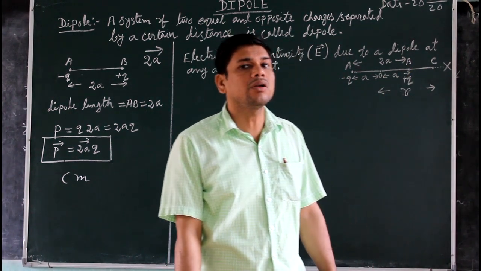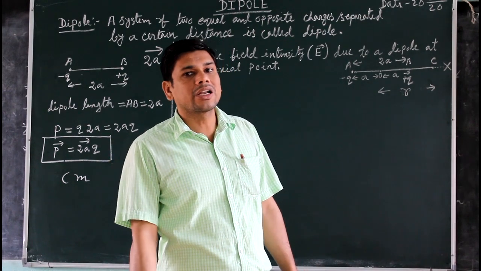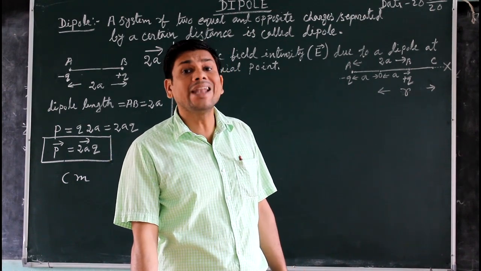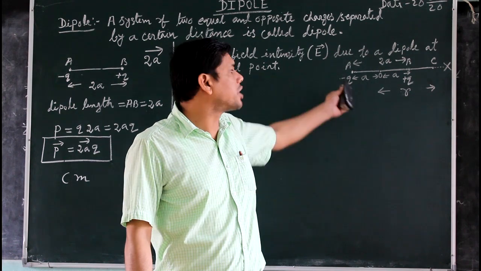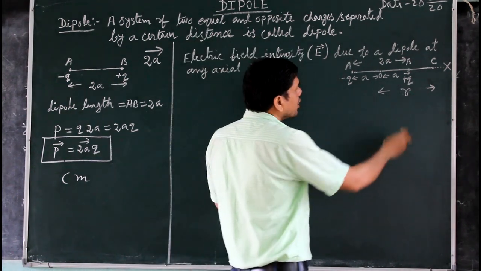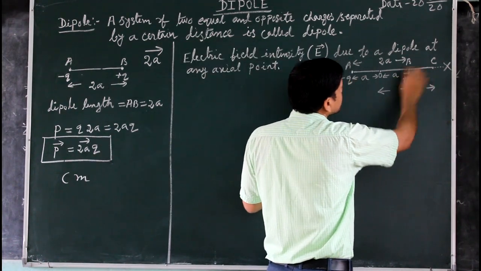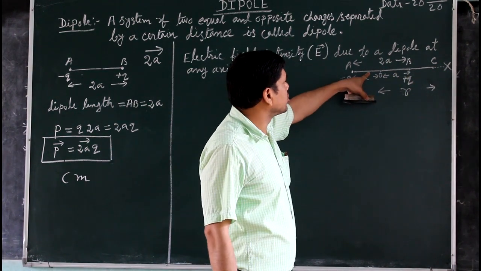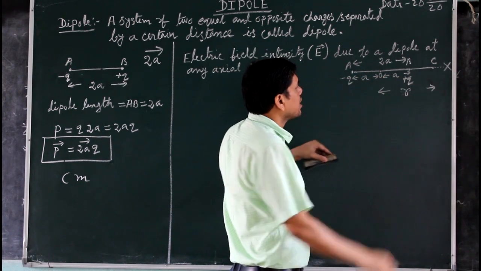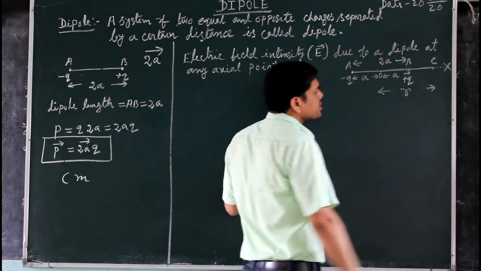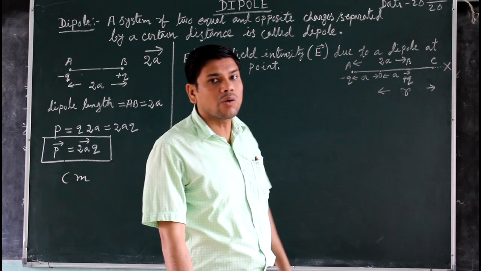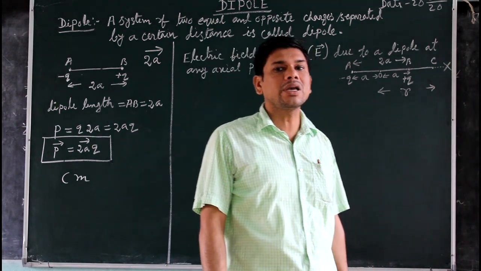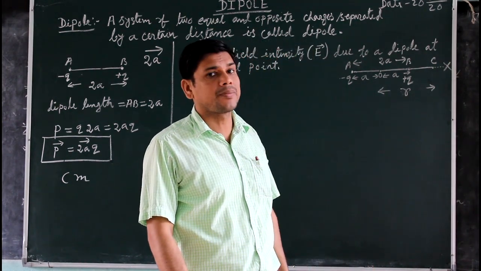Now we have to find the electric field intensity at any axial point of this dipole. Let us consider a point C, on the line extension of this axis, and this point is called the axial point of this dipole. Now we have to find the electric field intensity at this point C.